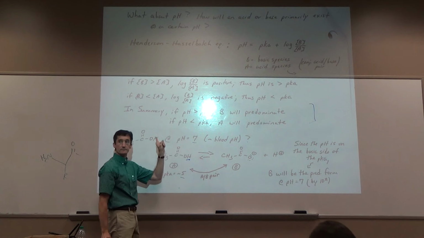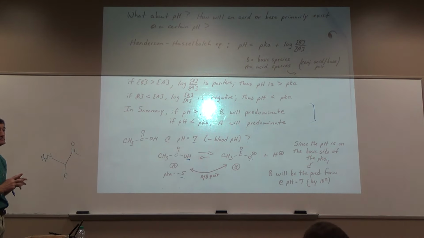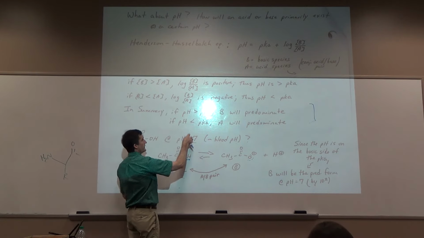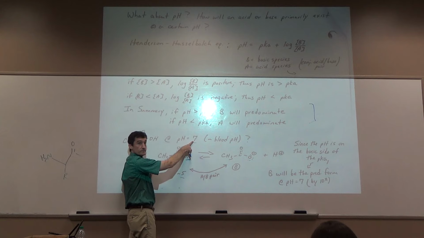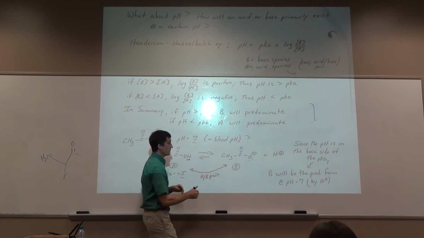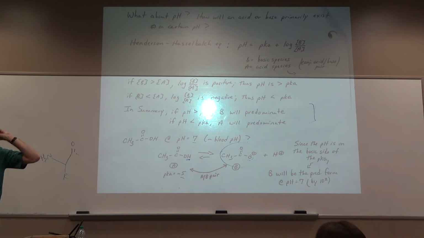Which will predominate? The base. pH is greater than pKa, right? So the basic form will predominate. What's the basic form? Right here. At a pH of 7, acetic acid will predominantly be in the ionized form.